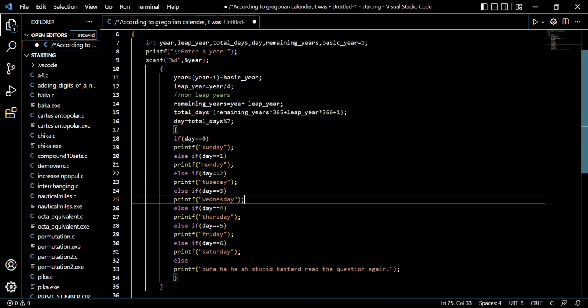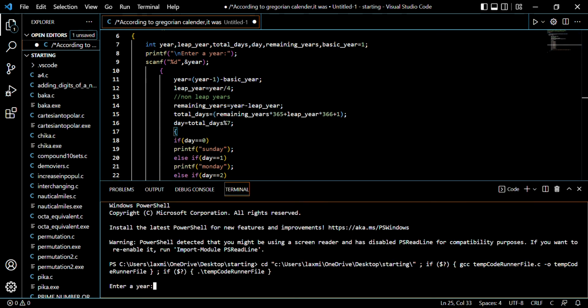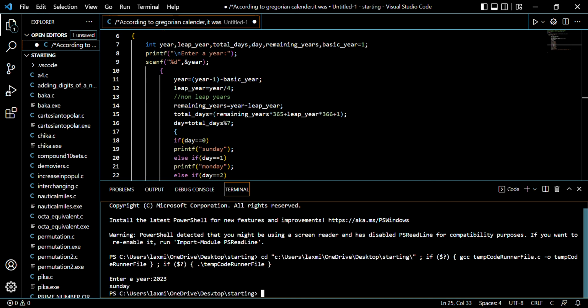So let's run the code quickly. Let me, for example, take 2023, the upcoming year. It's going to be a Sunday. This sucks. Actually, every year January 1st should be a holiday, but if it was the 2nd, we would have gotten 3 days of holidays, right? 31st, 1st, and 2nd.